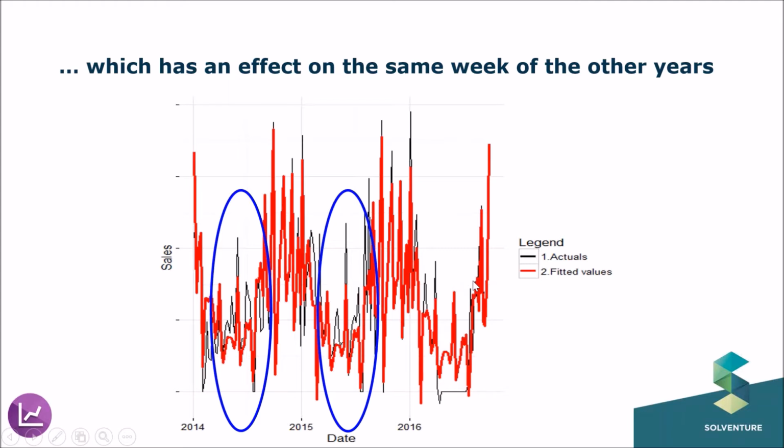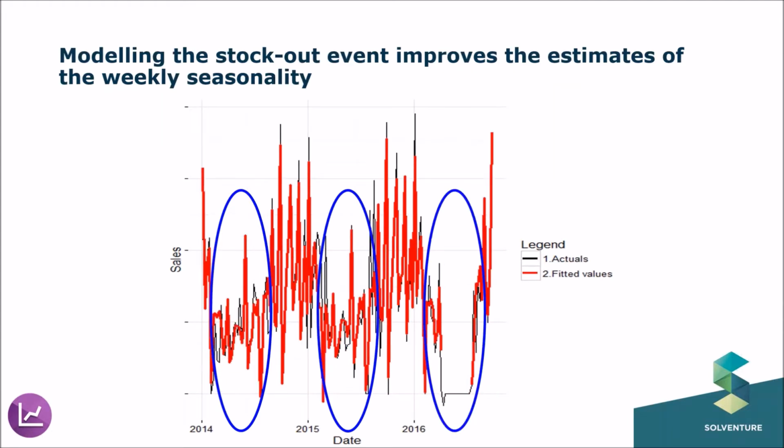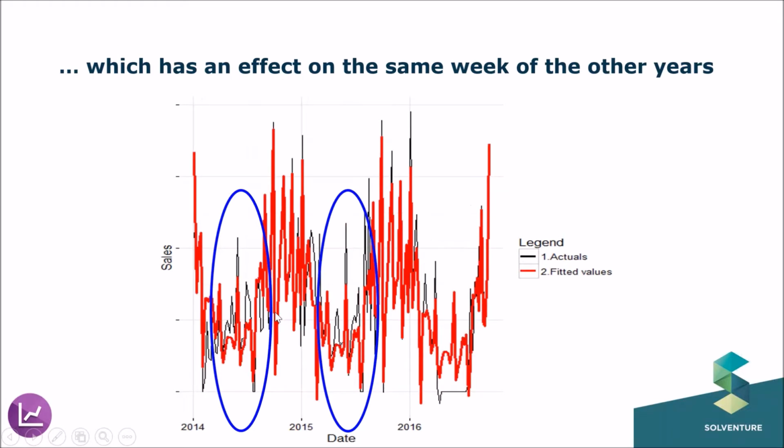If I treat it as an external event, what you will see in the next slide is that, of course, my forecast here will drop to 0, and you also see that if I correct for that, my forecast is being increased. If I step one back, here the red line was below the black line, so my forecast was underestimating the sales, and that was primarily because I was taking into account the 0 sales in 2016.